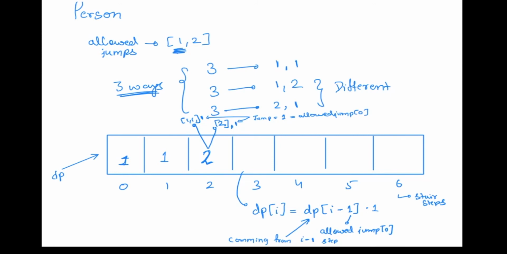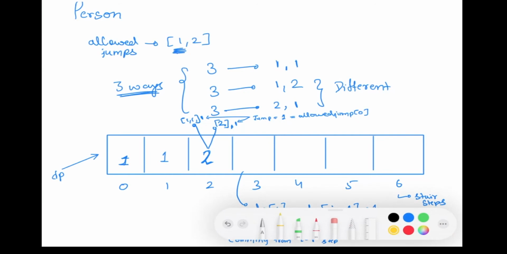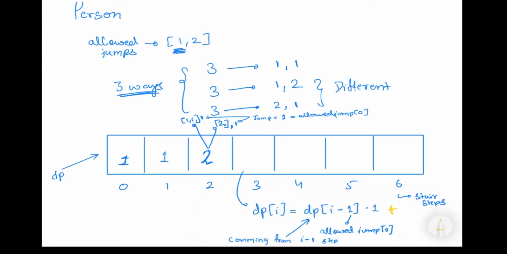Now we can repeat the steps for the next element in the array allowed jumps. The next element in the array allowed jumps is 2, so we are going to add dp[i minus 2] to our dp[i]. We are adding dp[i minus 2] because that is the jump now, and that is coming from the array allowed jumps, the first element with 0 indexing, which is 2.